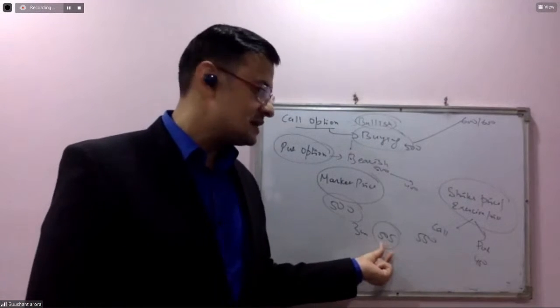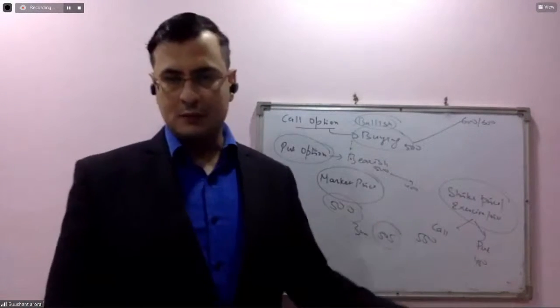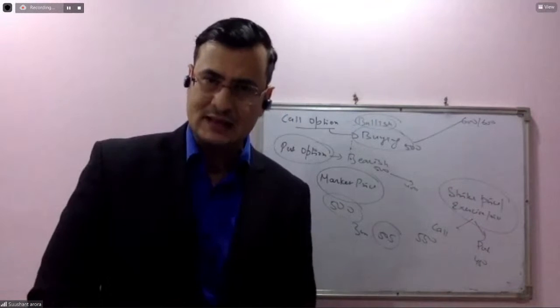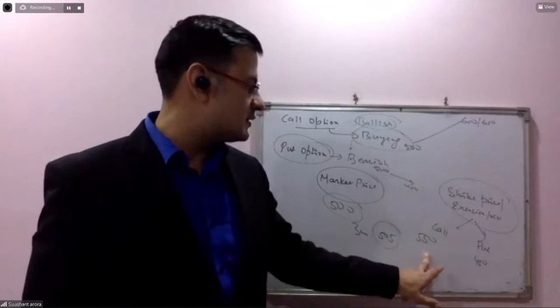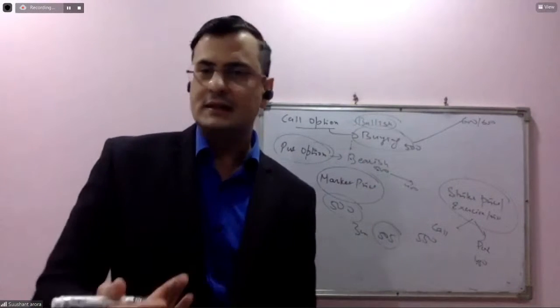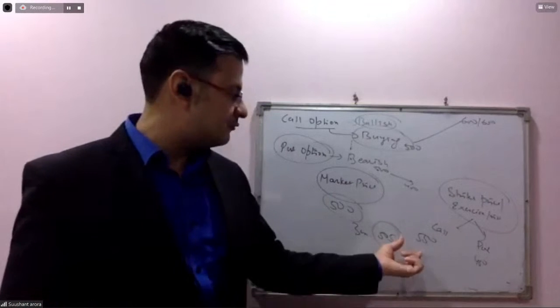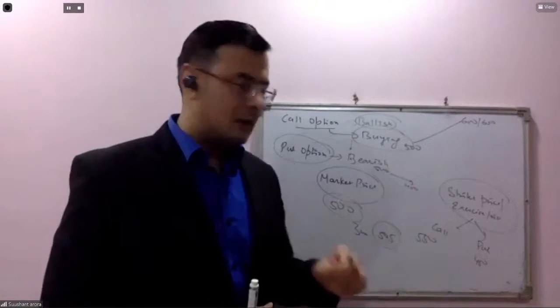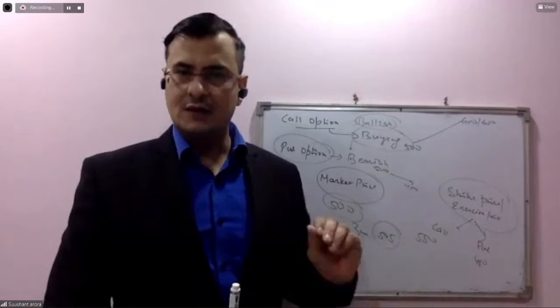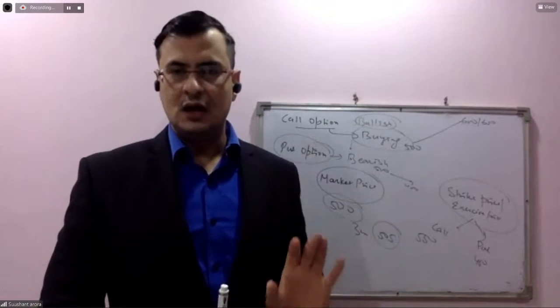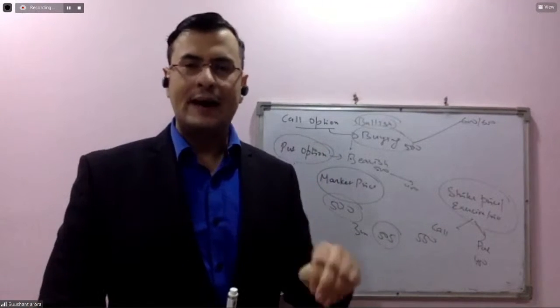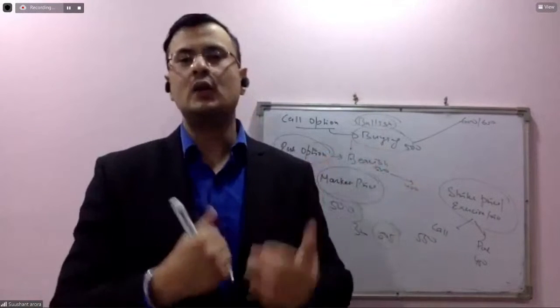If something is available at 505 in the open market, on a stock exchange, why would you buy it from a person at 550? Isn't it a wrong decision? I mean, paying 45 rupees extra. So for any price below 550, even if it is 549, no prudent person would buy it at 550 when it is available at a lower price.